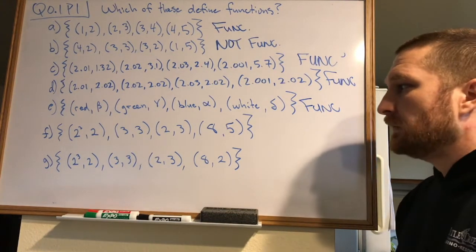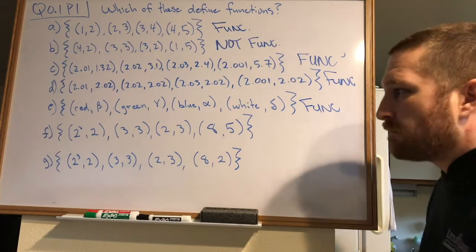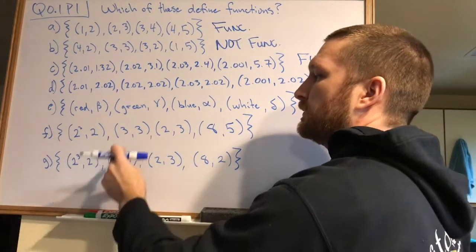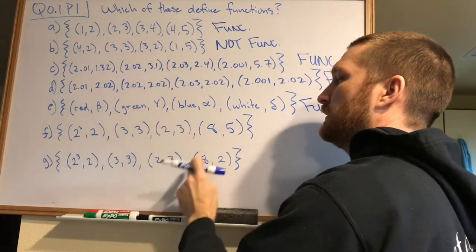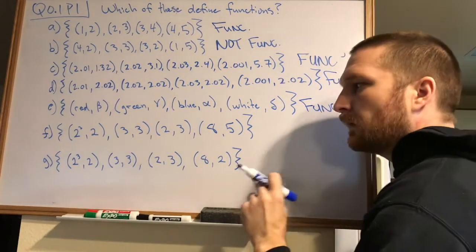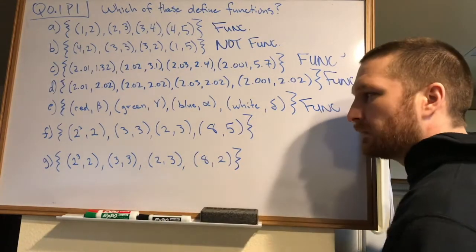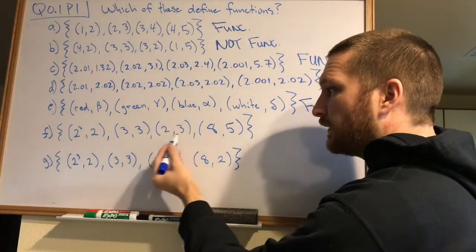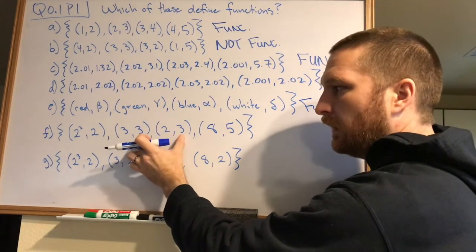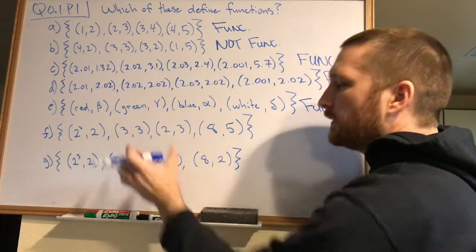Okay, now, what about this guy? F. We have 2 to the third and 2, 3 and 3, 2 and 3, 8 and 5. Immediately when I look at this, I'm like, oh, we have 3s, and look at that. Oh, the outputs, oh wait, no, we can have the same output. The same output's fine. Then I see, oh yeah, these have different inputs.